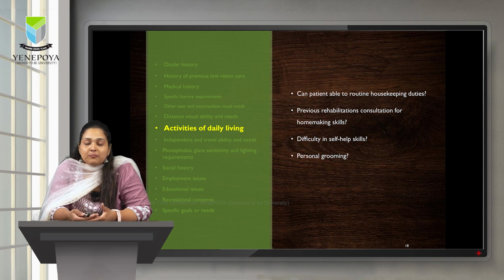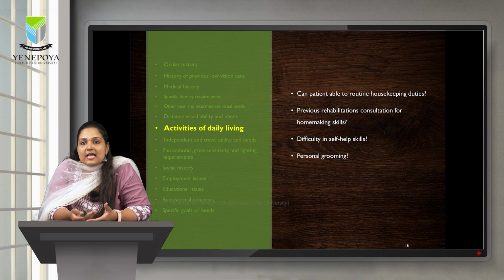A rehabilitationist will help and train the patient by managing the contrast sensitivity in the house. For example, while having food, the plate can be white and the table can be with a black background, so that the contrast sensitivity can be enhanced. So all these, whether they have already gone to any low vision specialist or rehabilitationist and done this in their home or not, we should ask at the history taking time.